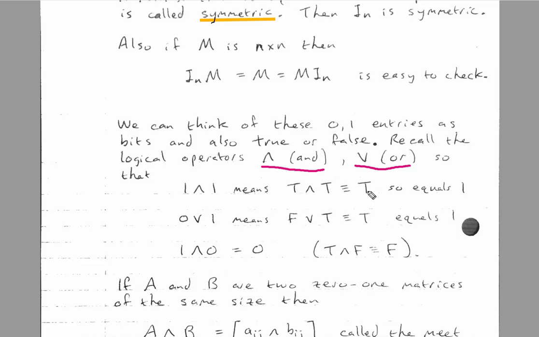So that's true, which we can convert back to a 1. Okay, so 1 and 1 equals 1. 0 or 1 means false or true. That's true. So that also equals 1. And 1 and 0 is equal to 0.